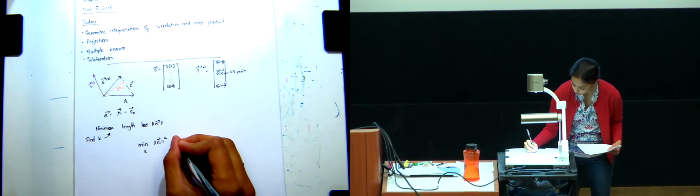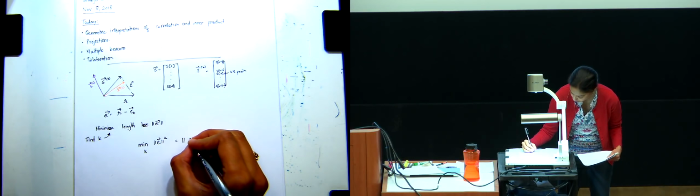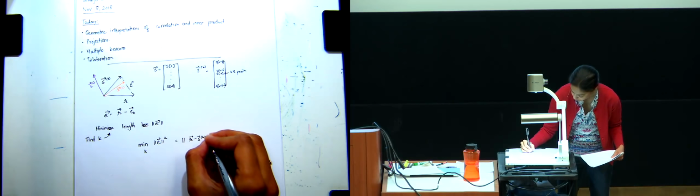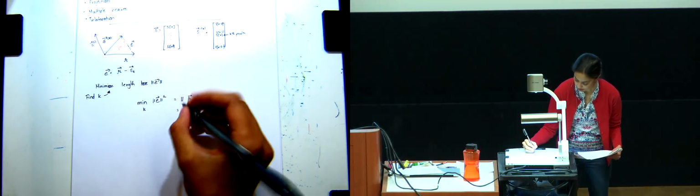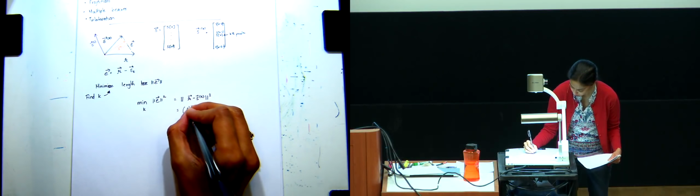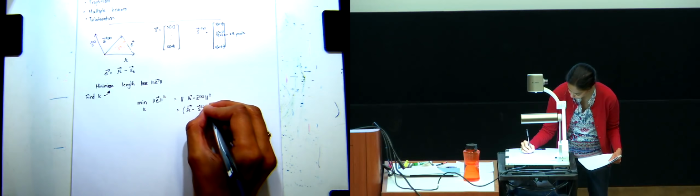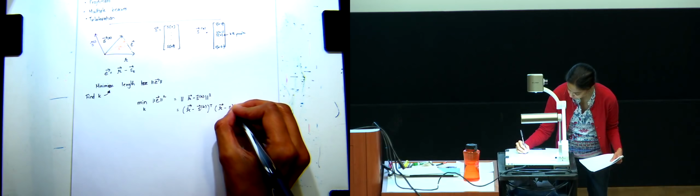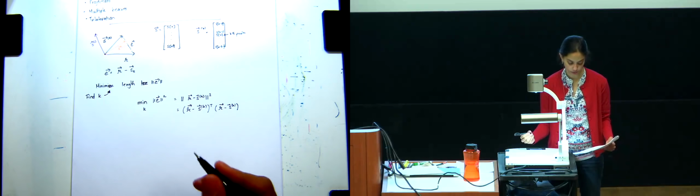And then we said that, well, we know that this is just the same as R minus Sk squared. And we can write this then as this inner product, right? I can write R minus Sk transpose times R minus Sk. Again, we want to find this Sk, right? Sk is what we want to figure out.